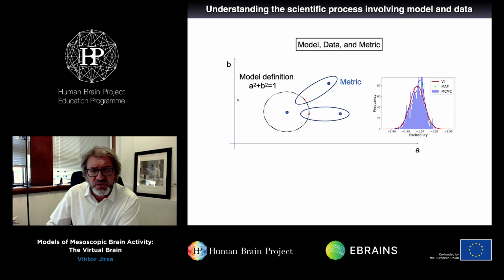And when I plot this on axis B, what I will get is something like a distribution of the projections of the red points that have been identified by my metric, projected on the B-axis, and they can give me this beautiful normal distribution that I then can fit. So that would be a possible process.